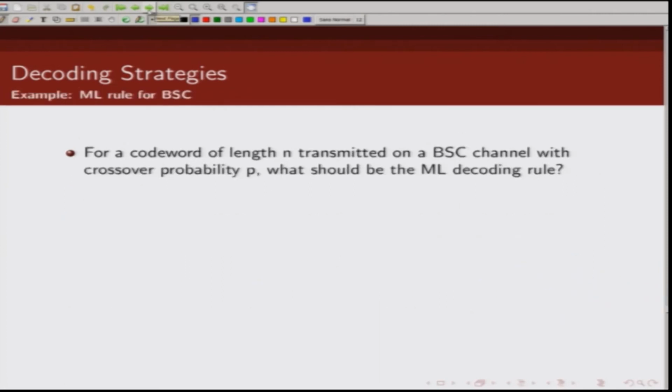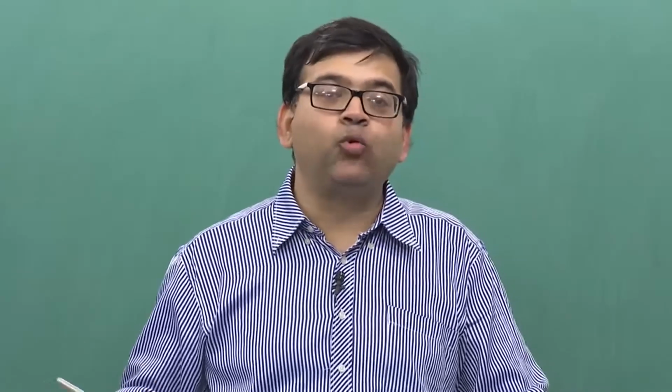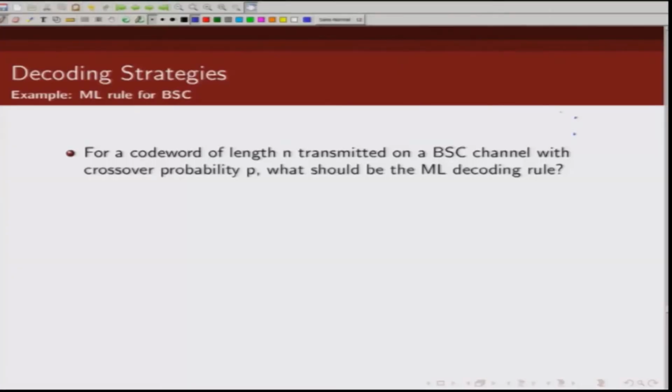Okay. So, let us take an example. We are interested in finding the maximum likelihood decoding rule for a binary symmetric channel. Recall what a binary symmetric channel is. There are two inputs, 0 and 1, and two outputs, 0 and 1. With probability 1 minus p, I receive my bits correctly, and there is a crossover probability of p.